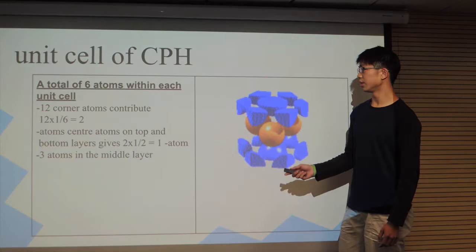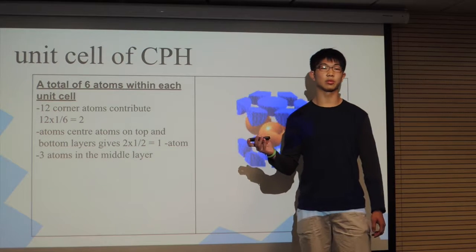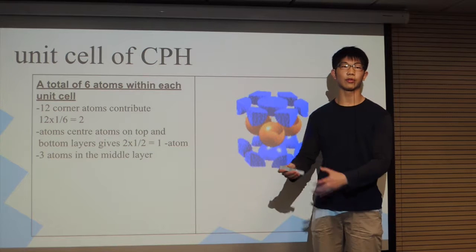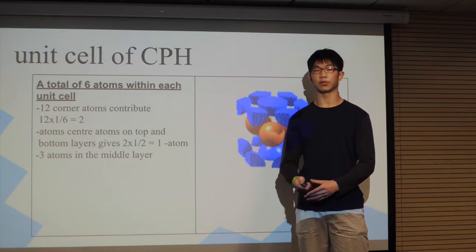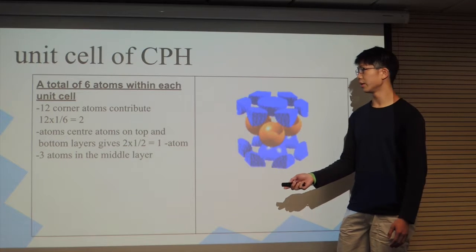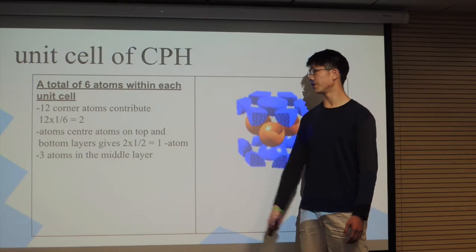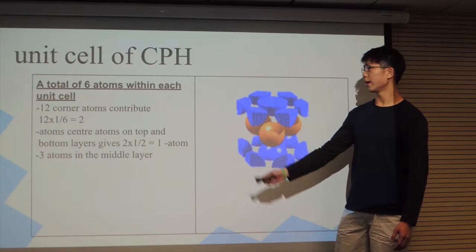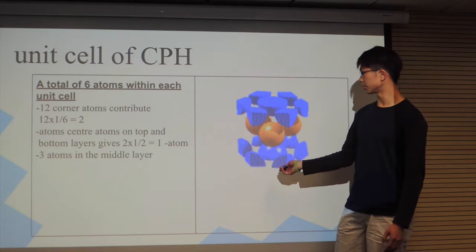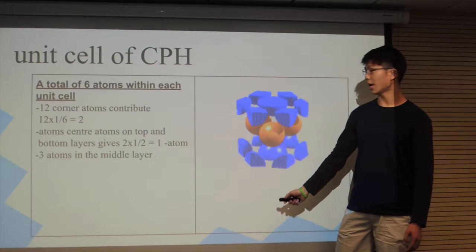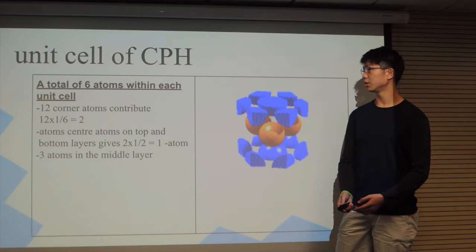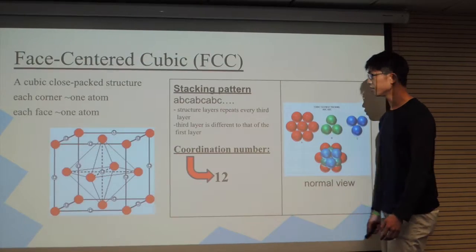And then the atoms at the centers are totally independent in defining the formation of the structure, so we consider them as intact. So you can see 2, plus 3, and then plus 1 atom from the top and bottom layers, because the top and bottom atoms are shared and added together to form 1 atom. That makes up 6.